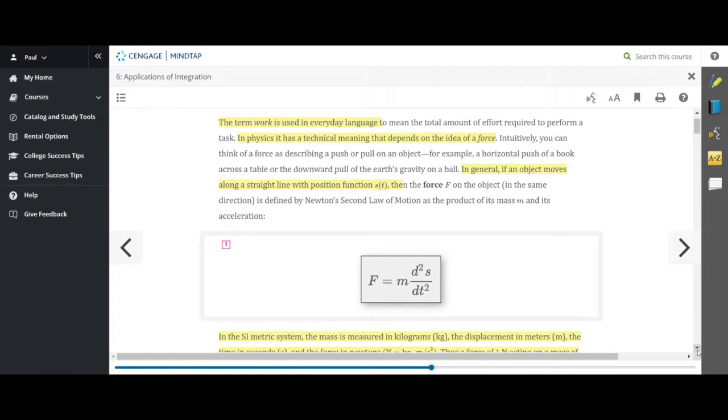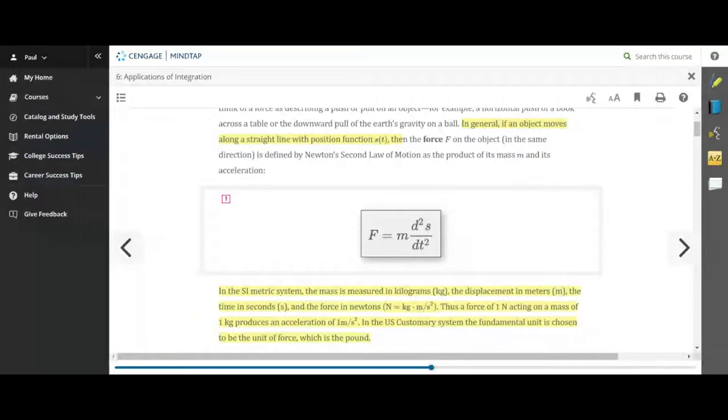And there are some other concepts too. This is important: there are different ways to measure force. One way is newtons. How many have heard of newtons before? A newton is equal to kilogram times meters divided by seconds squared.